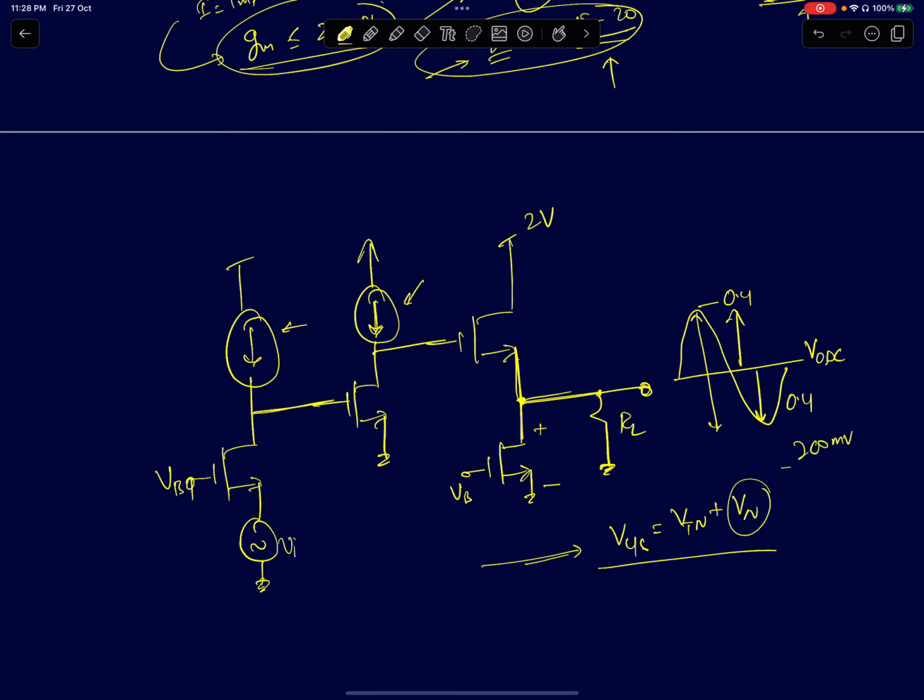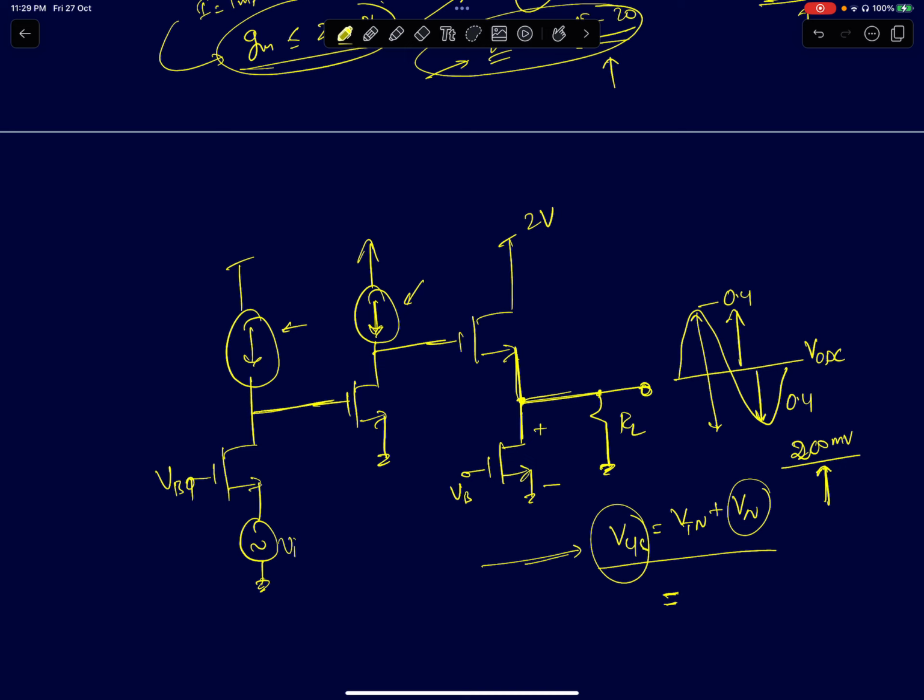For analysis sake, I'll assume them to be 200 millivolts. That's what I'm going to design it for, and I'll choose my W/L ratios accordingly. If I'm meeting anything slightly around 200, I'm fine with it. If I fix my overdrive, I'm fixing my gate to source voltage.